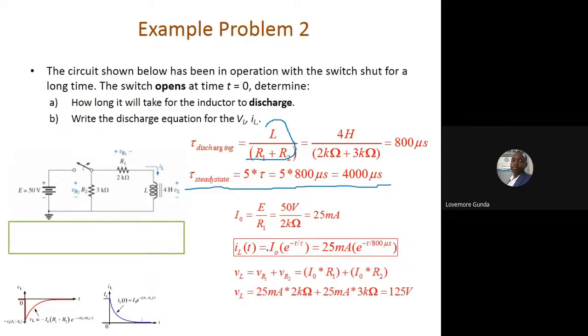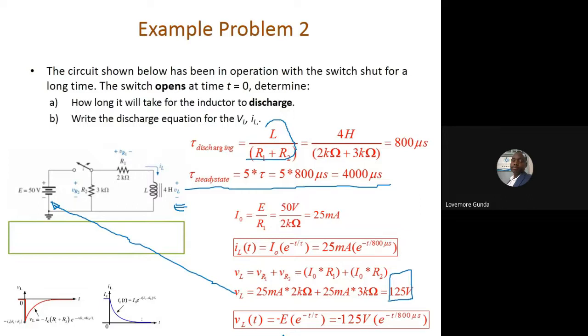Then VL becomes VR1 plus VR2, which is I naught R1 plus I naught R2, and you get 125 volts. See the difference. This is coming from there. So when we're charging, it charged to E, but when you are discharging, it starts at a larger voltage, because of what I was explaining before when you open the switch.